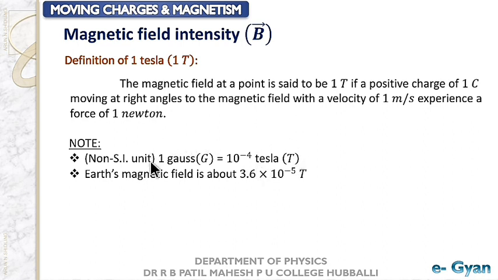This is important from the point of view of numericals. Earth's magnetic field is about 3.6 into 10 raised to minus 5 Tesla, which in terms of Gauss comes out to be 0.36 Gauss. So Gauss is also sometimes an important term in giving the magnetic field intensity at a point.